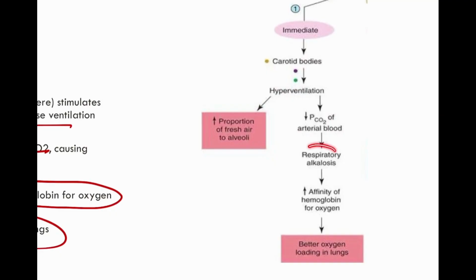It causes a respiratory alkalosis, which is going to increase the affinity of hemoglobin for oxygen. So we get better oxygen loading in the lungs. So step one, the immediate response, we load oxygen better at the lungs. That's the first response.